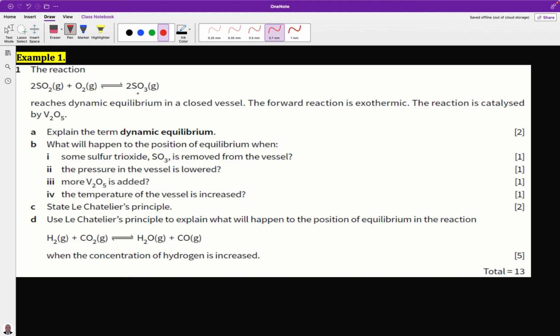For an equilibrium to be established, more of the reactant will have to react to form more of the product. In that case, removing this will shift the equilibrium to the right. So the answer to B1 is the equilibrium shifts to the right for the production of more sulfur trioxide.